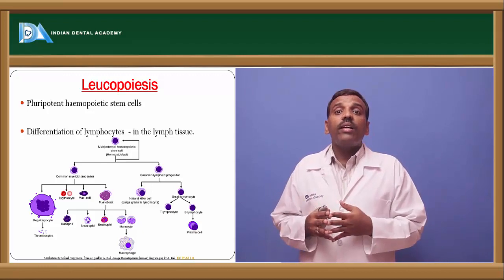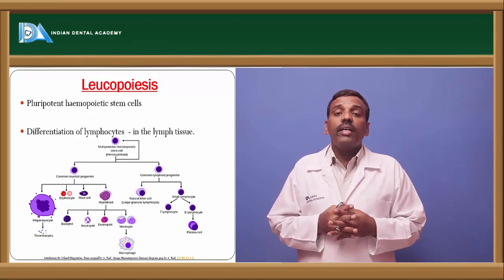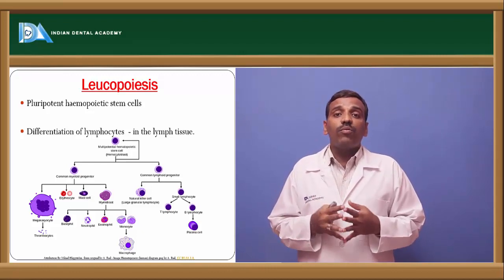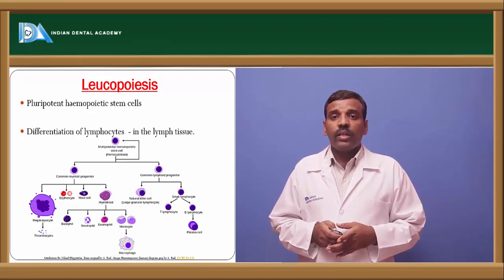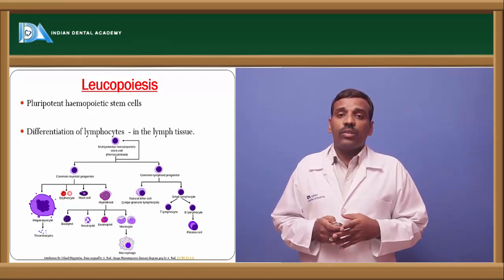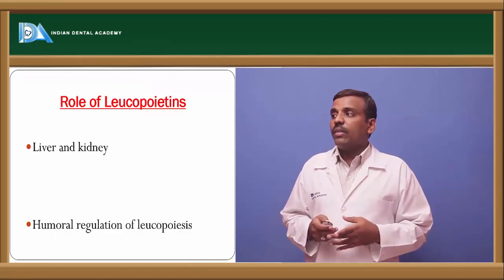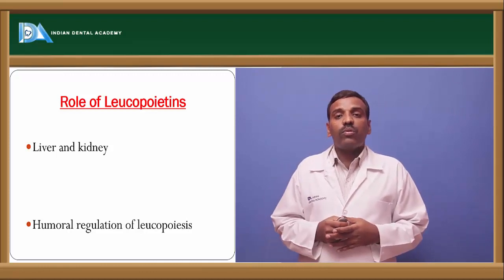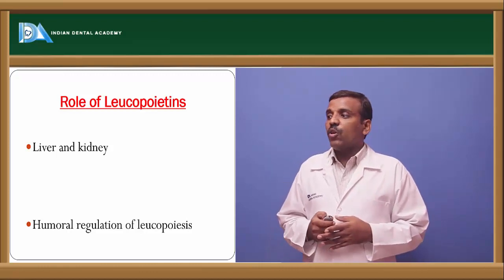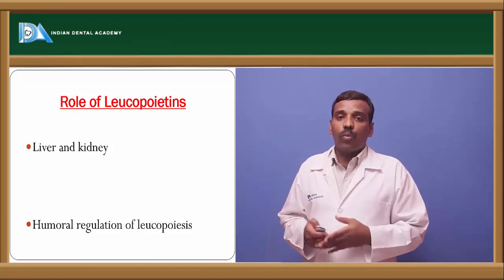Another one is CFU-L, the colony forming unit L, which gives lymphoblast, and by that lymphocytes are produced. Leukopoietin is responsible for leukopoiesis. Leukopoietins are produced from the liver and kidneys, and humoral regulation regulates the leukopoiesis process.